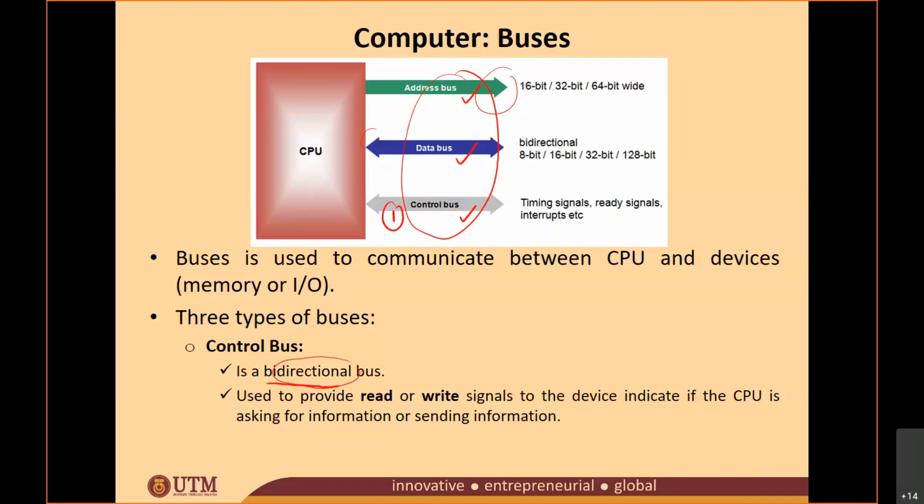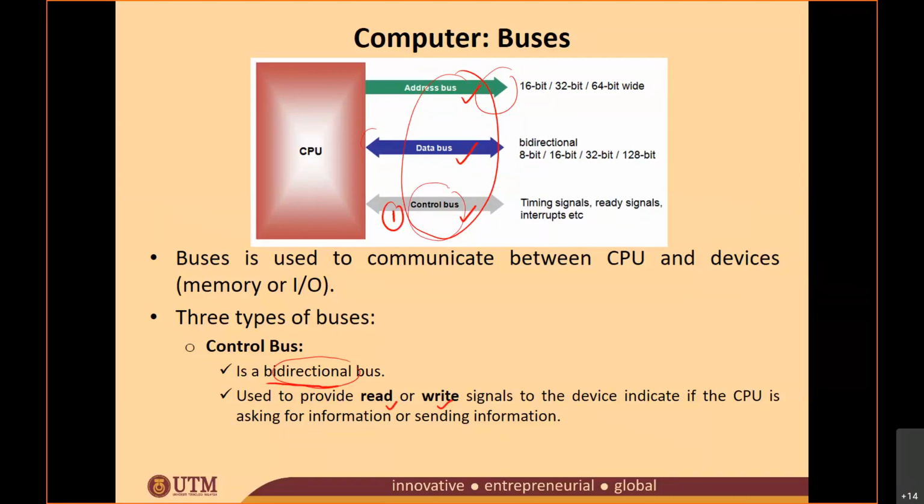This control bus is used to provide a read or write signal to the device, indicating if the CPU is asking for information or sending information. So the control bus actually controls the data, either you're going to read the data or write the data.